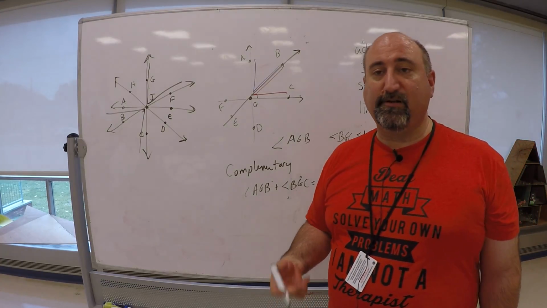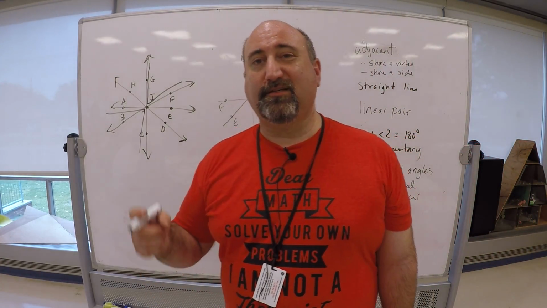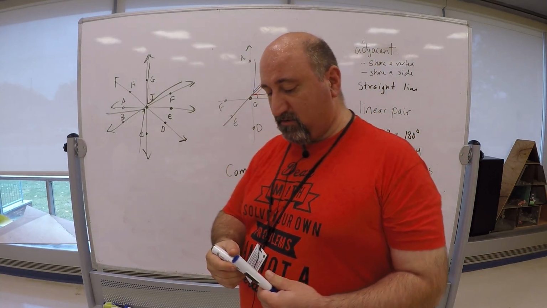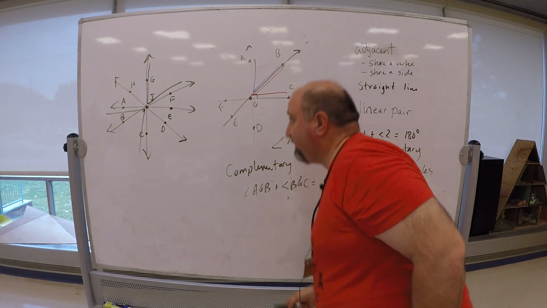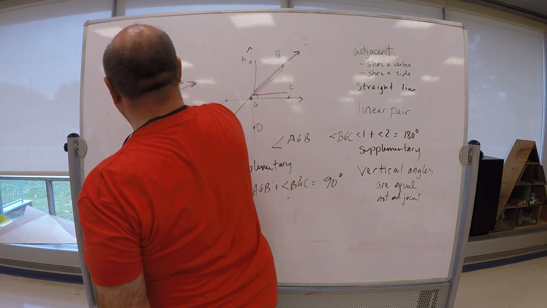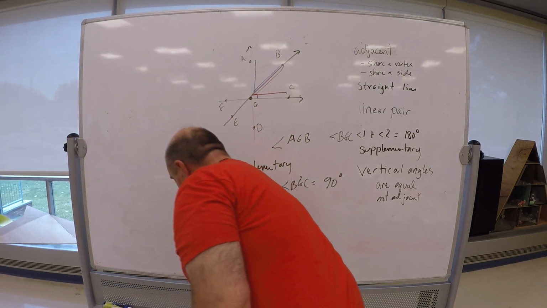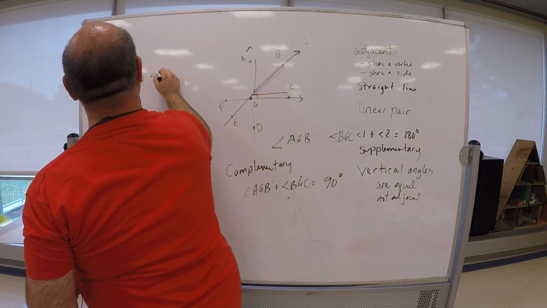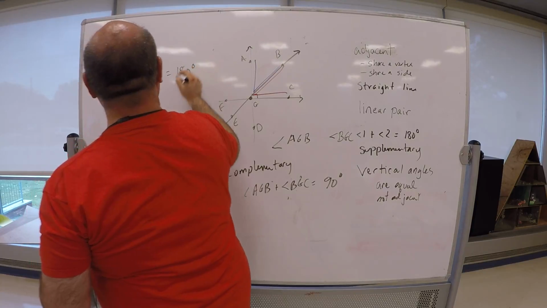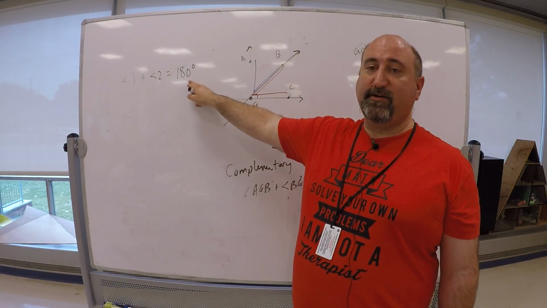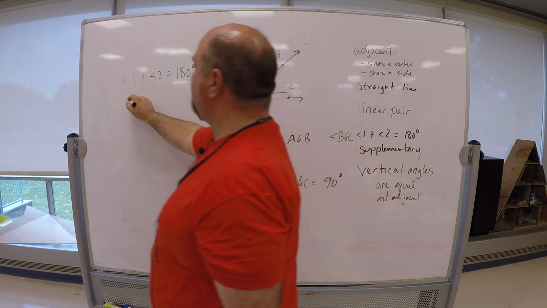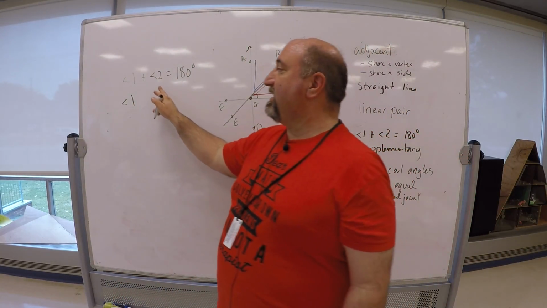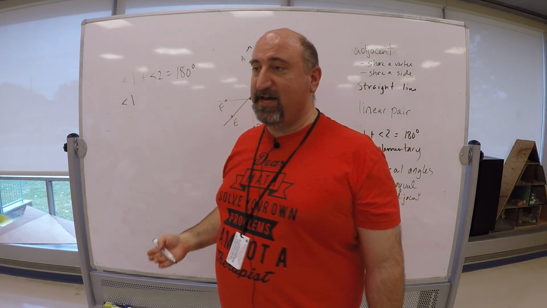Another piece of vocabulary that you'll see in the textbook is that it talks about the complement of an angle and the supplement of an angle. Very briefly, if you know that angle 1 and angle 2 are supplementary angles, which means they add up to 180 degrees, then you can say that if you're referring to angle 1 as the angle, then angle 2 is the supplement of that angle.